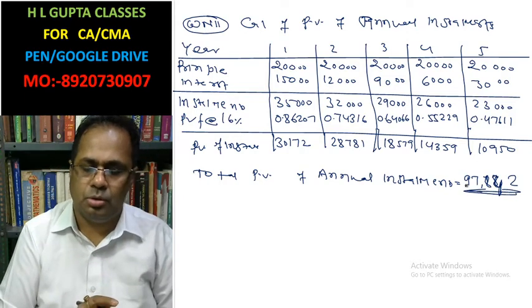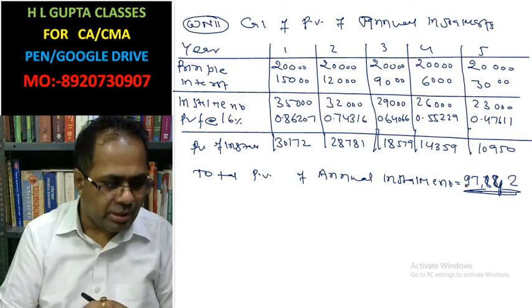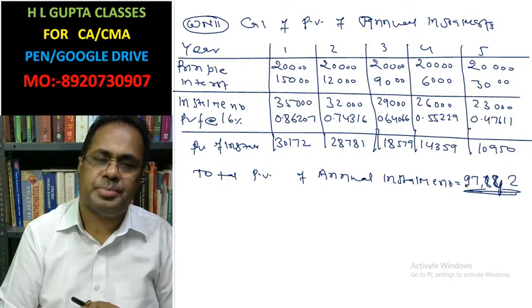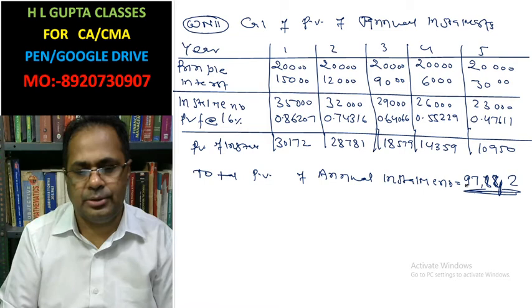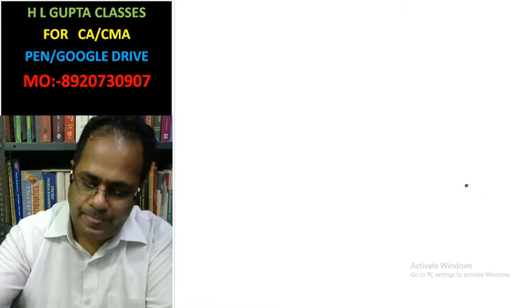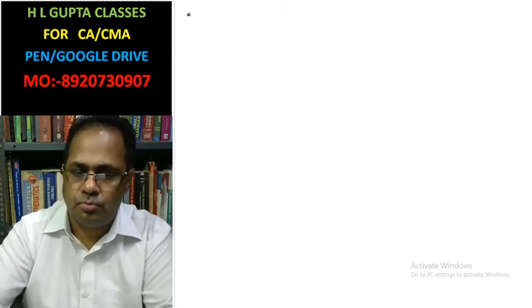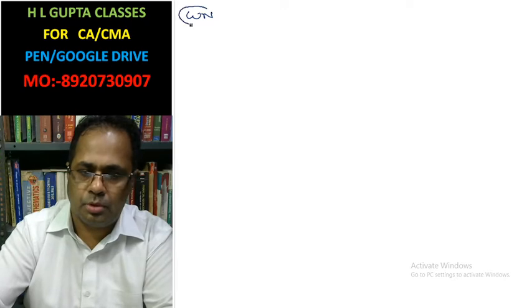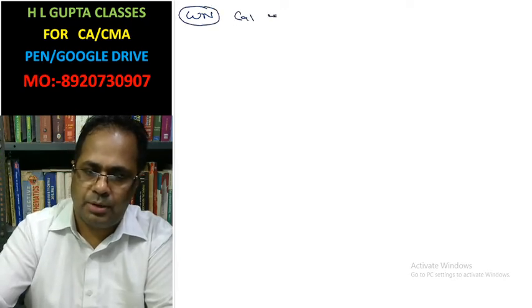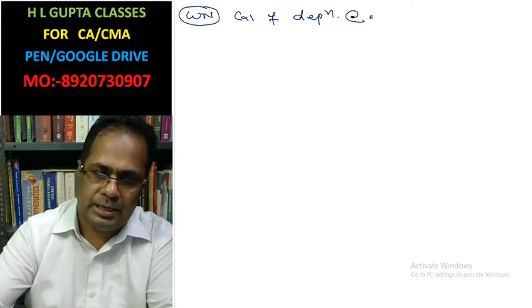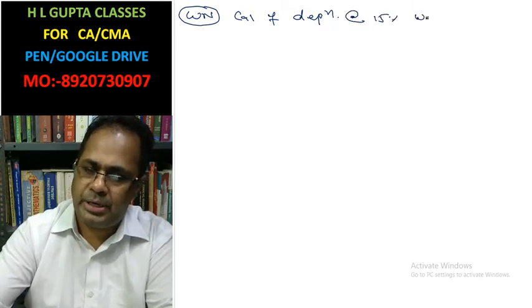Okay. Now we have to calculate depreciation. Because of tax saving amount, we need to calculate. Tax saving amount is the principal plus depreciation for the 10 years. Okay. Now working note. Calculation of depreciation at the rate of 15% and written down value.